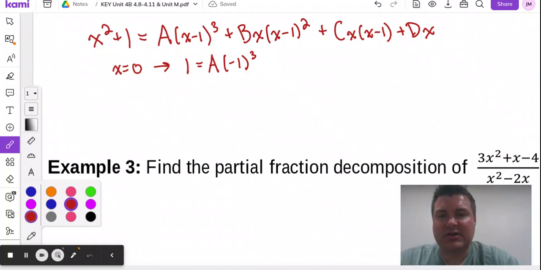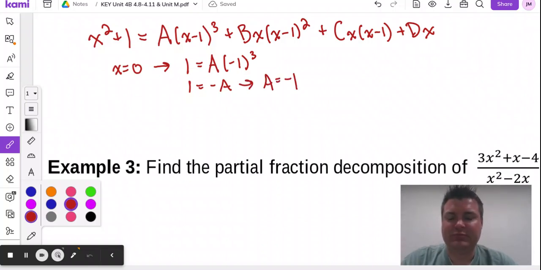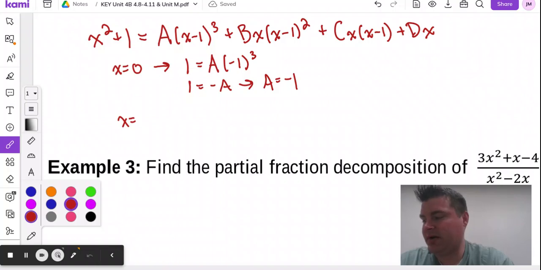So I'm going to end up with 1 equals negative a. So a is negative 1. The next number that's going to produce some zeros here is if I pick 1.